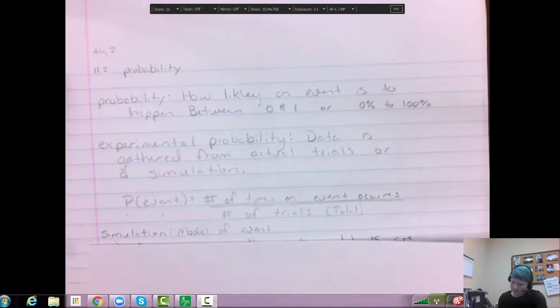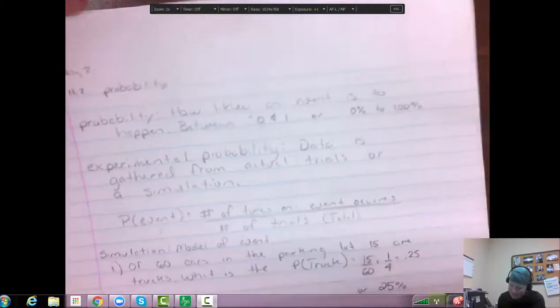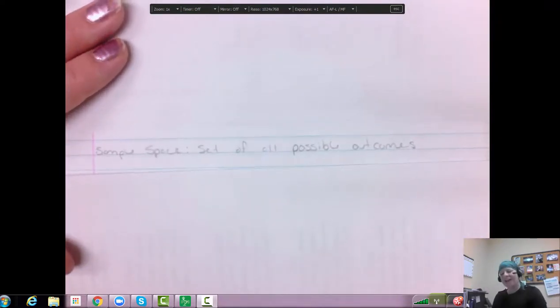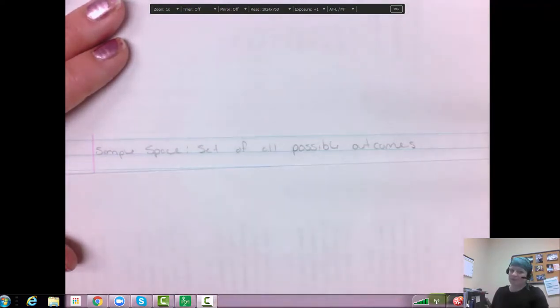Okay, so actually, I'm going to do a couple more definitions, and then I'll just do some examples. All right, so let's look at what is sample space. Sample space is used a lot, and it uses those combinations and those permutations in that counting principle that we looked at in the last chapter. Sample space is how many outcomes are possible. So you may want to see the probability of a certain amount of them, but how many are possible?